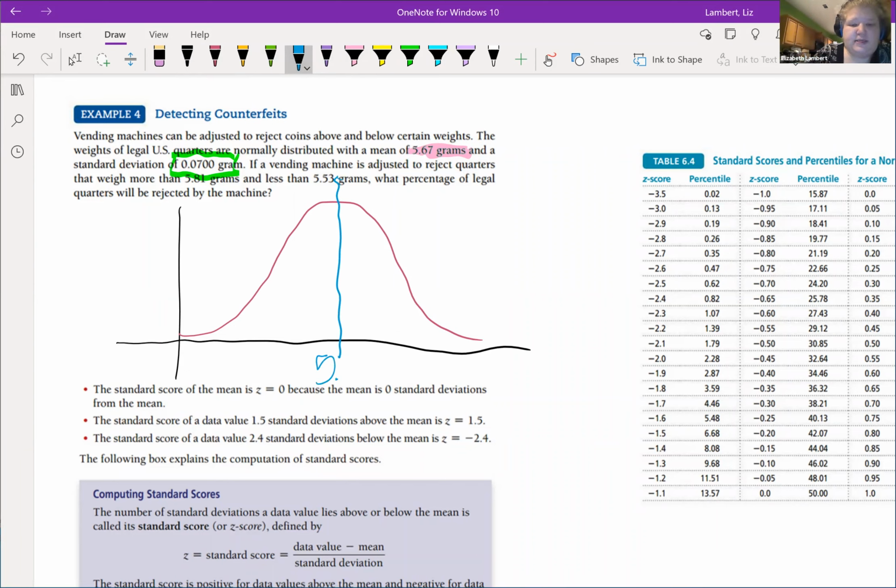So this is 5.67 grams. Then I want to figure out what's my 1 standard deviation down and 1 standard deviation up. So 5.67 minus 0.07 is just going to give us 5.60. And then if I add it up, that'd be 14, so carry a 1, 5.74.